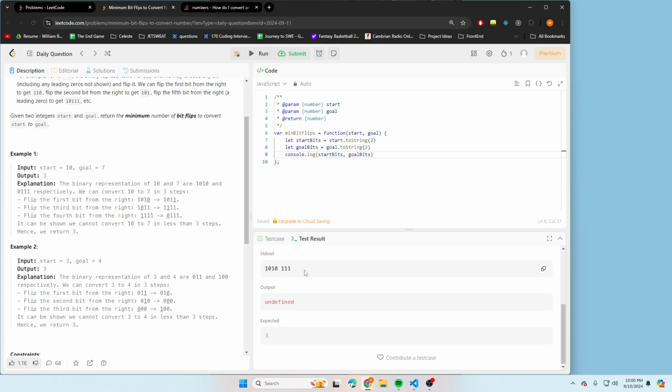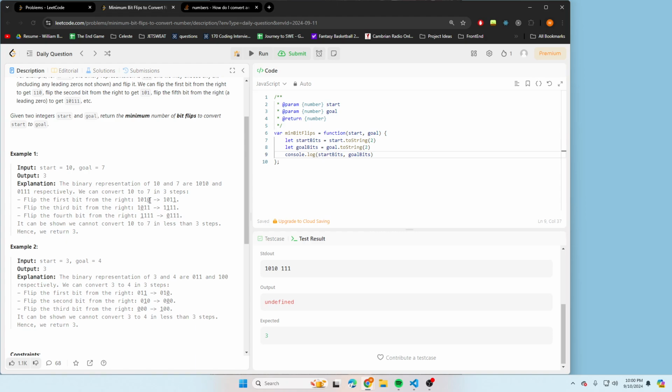Why is it not 0 1 1 1 1? Well, we need the binary representation, so it is that. But the 7 is not even 4 digits. How do we?